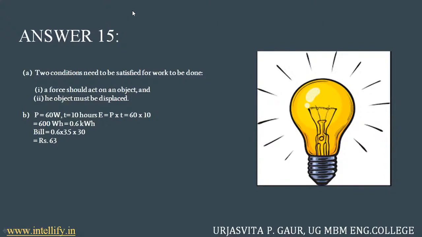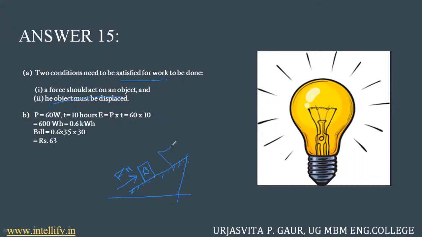All right, so let me give you an example. If this is my body, it has been kept on this inclined plane, and I'm trying to put a force here. Let us say this is F newton of force that has been applied to this body B. I can say that I have done work when I'm applying a force and this object is displaced.